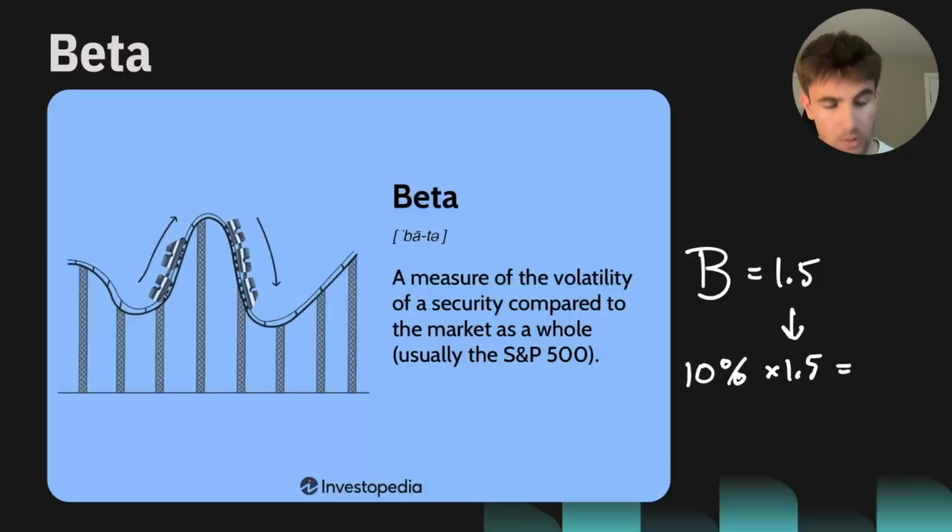The expected returns of that asset over that period would be 15%. It is in correlation with the overall market. In this case, it is more volatile than the overall market by a factor of 1.5. So, like demonstrated, if the overall market goes up 10%, this asset would go up 15%.